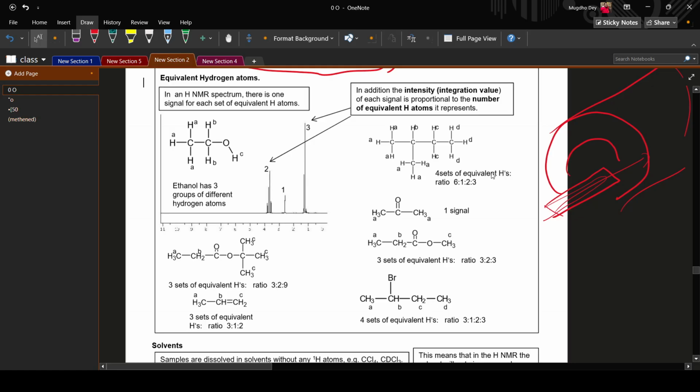If I talk about hydrogen atoms here, in a hydrogen NMR spectrum there is one signal for each set of equivalent hydrogen atoms. So if I talk about ethanol, I need to talk about it very nicely.